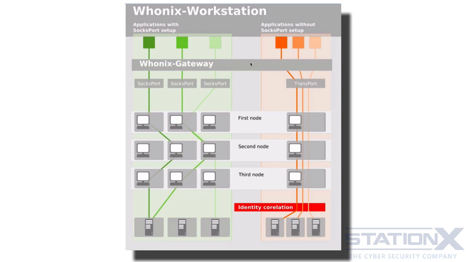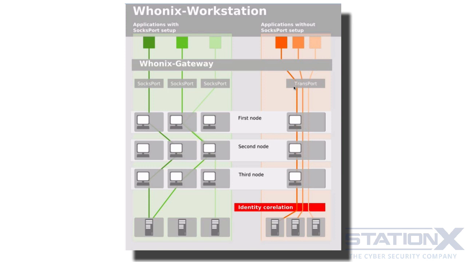The Whonix Gateway here acts as both a transparent Tor proxy and a SOCKS proxy. Transparent means that even if downloaded applications aren't configured to use Tor, they will still go through the Whonix Gateway and be transparently Torified. Transparent as in transparent Tor proxy.